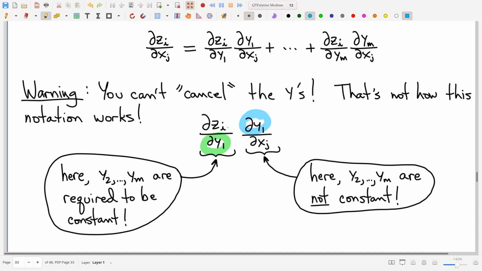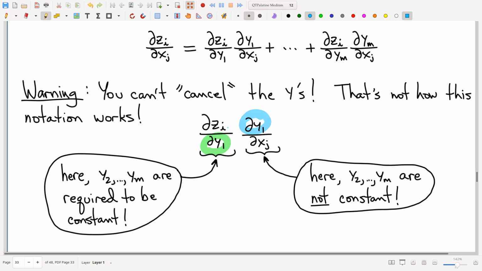And the point here is that these, yes, they do both represent how much y1 is changing. The important point: each of these is representing how much y1 is changing in completely different and incompatible scenarios. Totally different stories that couldn't possibly happen at the same time.